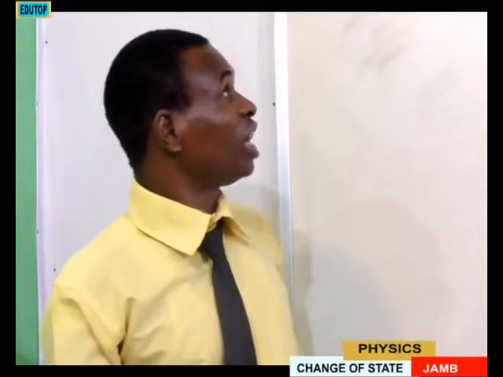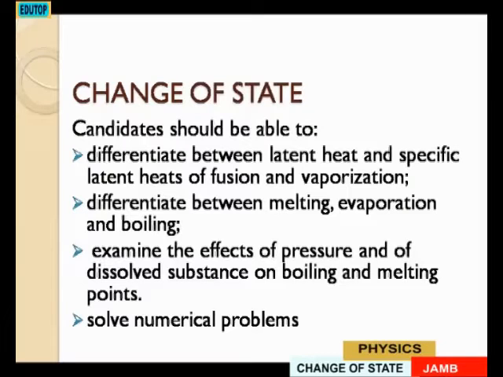We are going to consider a new topic, and the topic is change of states. Under this topic, the candidate should be able to differentiate between latent heat and specific latent heat of fusion and vaporization.